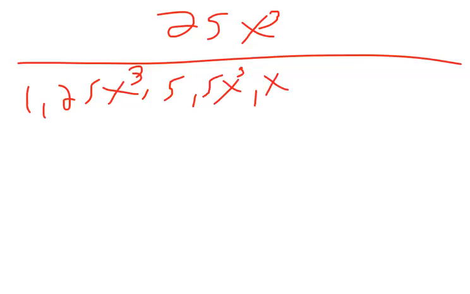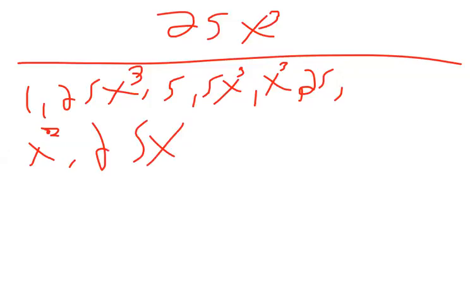You have x cubed times 25. You have x squared times 25x, because 25x times x squared is 25x cubed. And you have x and 25x squared.